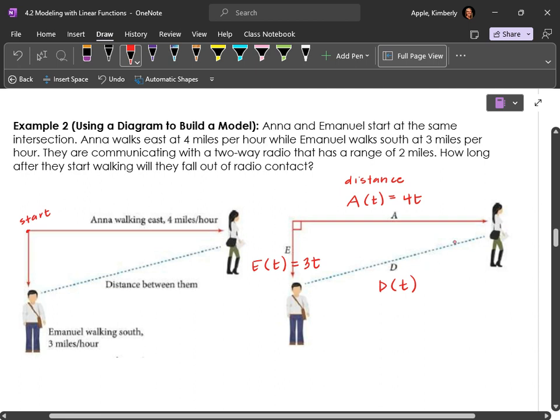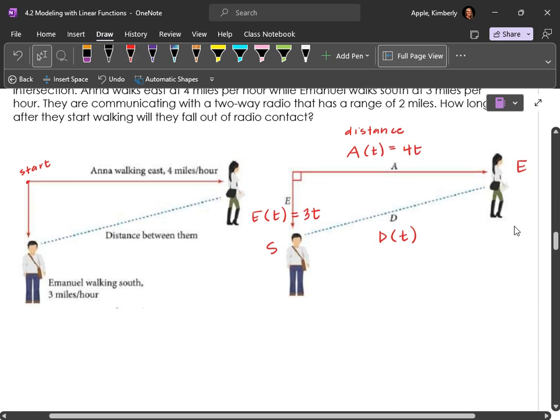Well, the relationship here is that in this scenario, because she is walking east and he is walking due south, that's a right angle from each other. So we can use the Pythagorean theorem here.